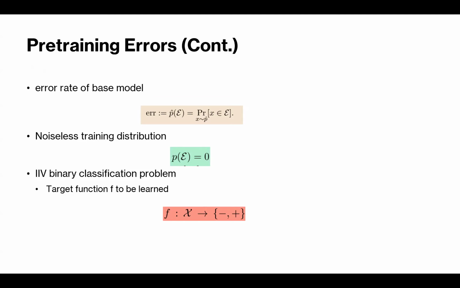Positive stands for a valid response, so it belongs to the set V. This function can be decomposed simply: it's positive if x is an element of V and negative if x is an element of E. This is the target function which an IIV binary classifier tries to learn over all the possibly produced responses for a given question or generation process.